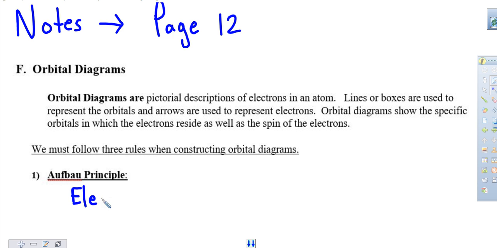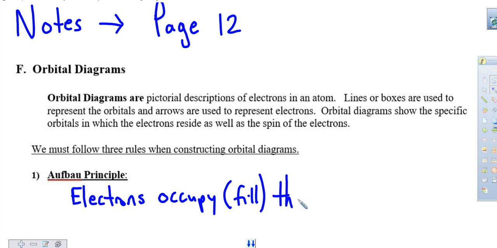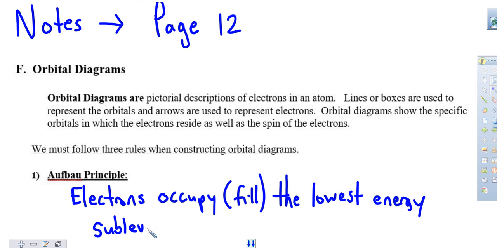Electrons occupy or fill the lowest energy sublevel and then work their way up.